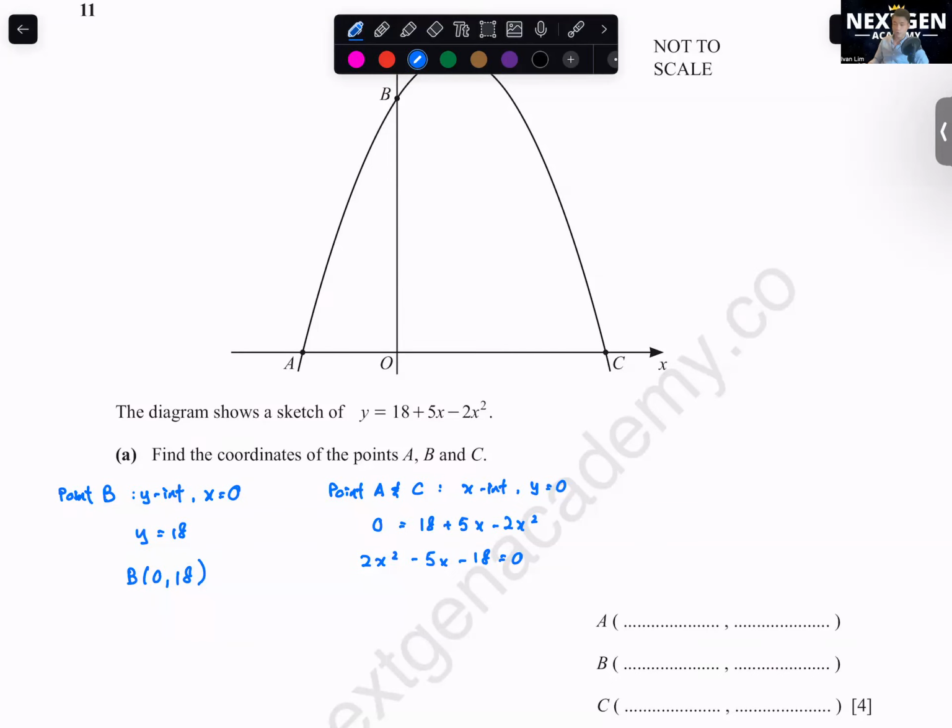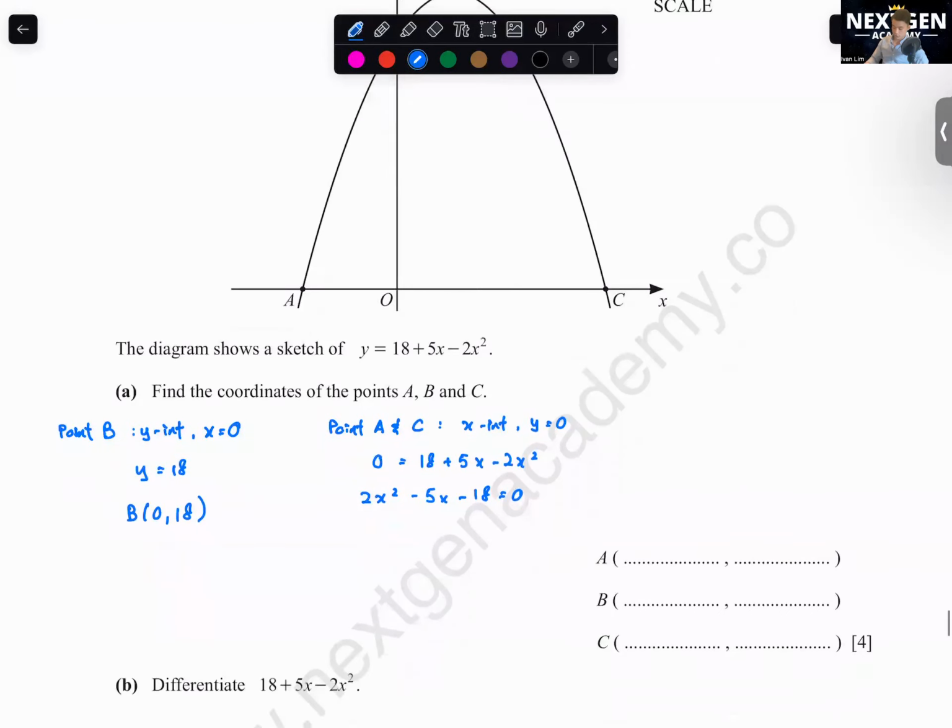If you want to factorize it, I'll just use the calculator to factorize it, but show your working. So it becomes (2x minus 9)(x plus 2) equals 0. x is 9 over 2, x is negative 2. Your calculator will show you these two values, but make sure you know how to reverse the process.